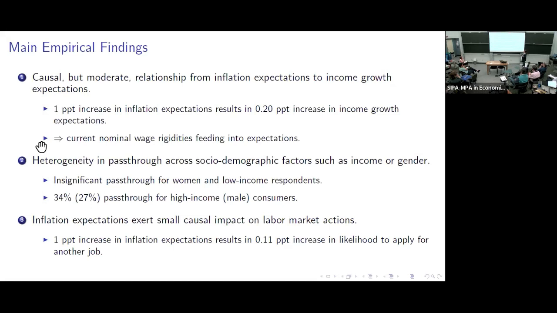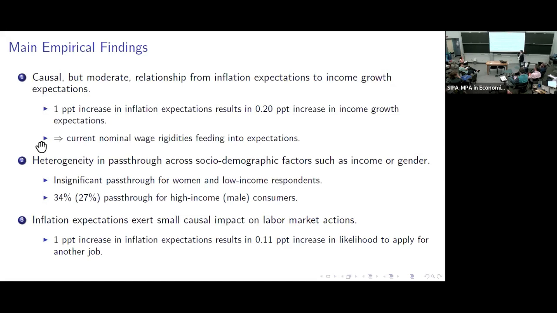This pass-through will have some heterogeneity when it comes to sociodemographic factors. For instance, we find an insignificant pass-through for women and low-income respondents, but the pass-through is a little bit higher than the average for high-income and male consumers. And finally, we are going to find that inflation expectations will exert only small causal impacts on labor market actions.